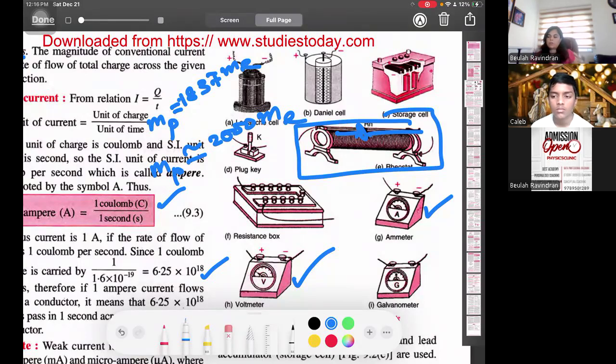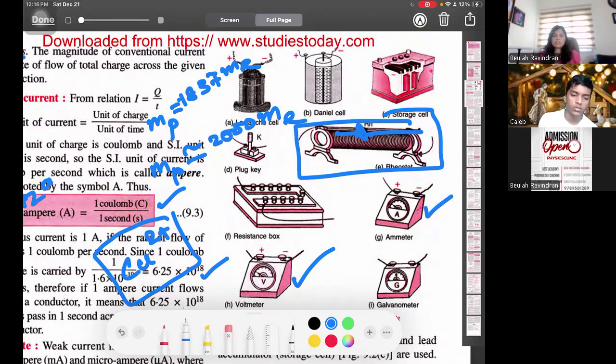Since we talk about the copper atom, right? In copper 2 plus, how many electrons are present? Out of 29, 2 lost, so 27.